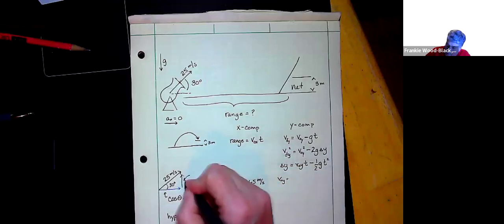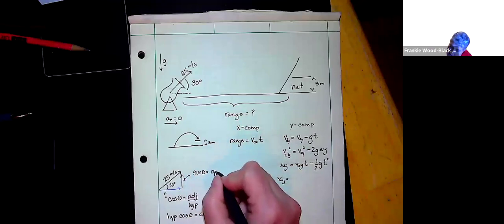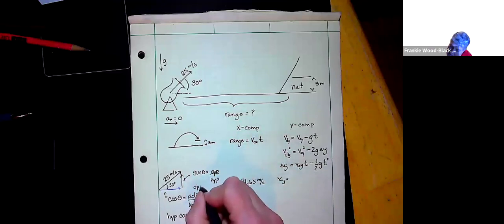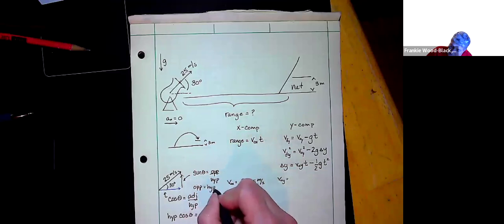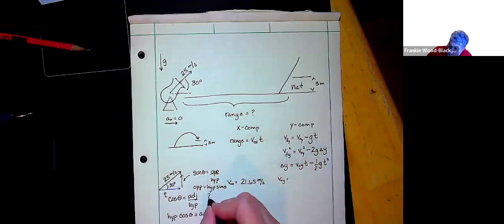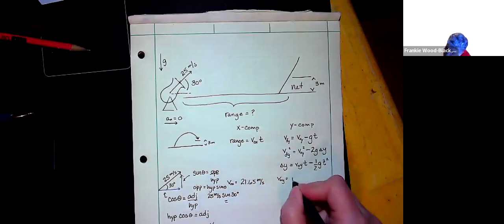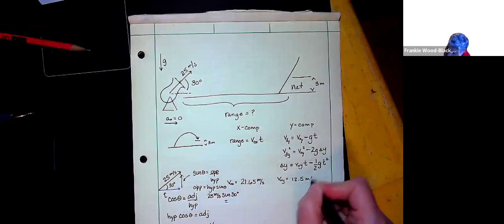Now my Y is going to be sine of the angle, which is my opposite divided by my hypotenuse. So I'm solving for the opposite. So now if I do that, I'm going to have my 25 meters per second sine of 30 degrees, that's going to equal 12.5 meters per second.